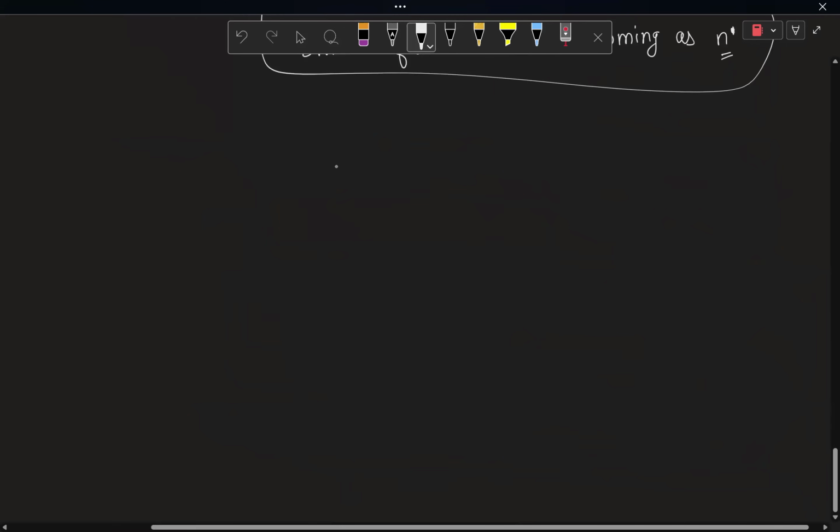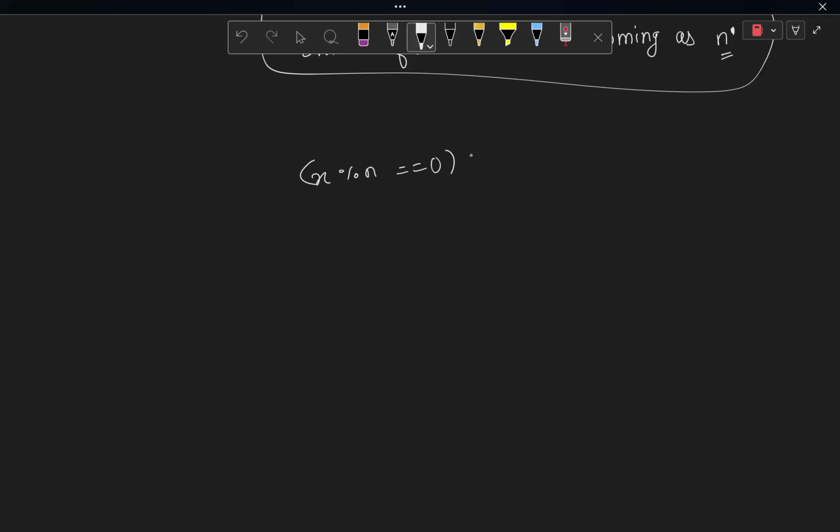So what we have realized till now is, if x is divisible by n, then the answer is x by n.